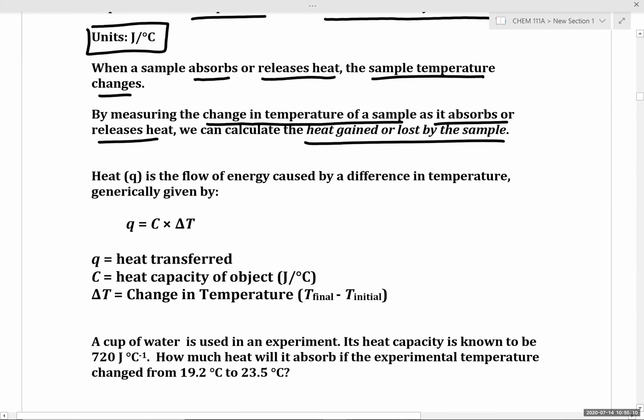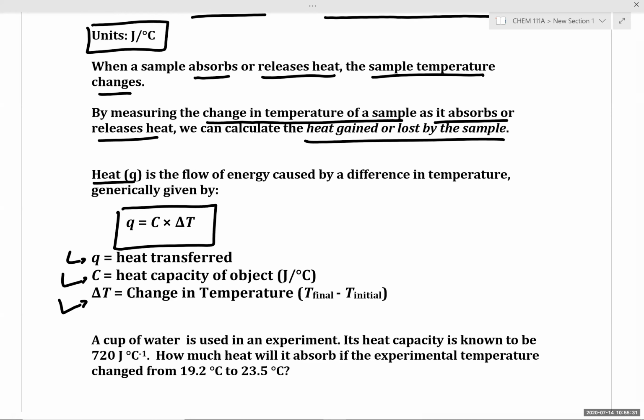So heat can be calculated using the following equation, where Q is the heat transferred, C is the heat capacity of the object, and delta T is the change in temperature. So let's show an example of this.